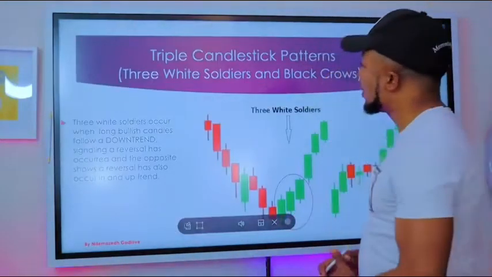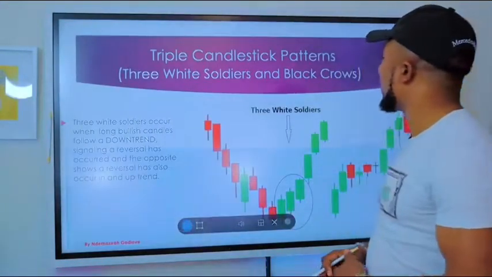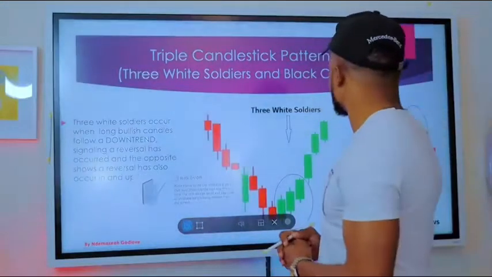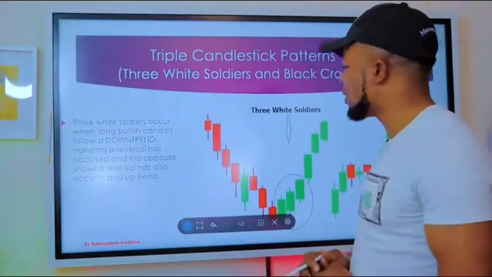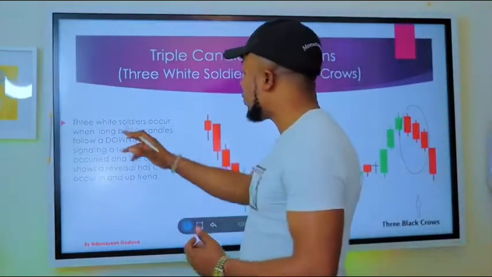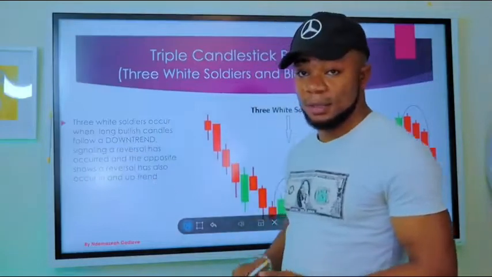Another triple candlestick pattern we have here is what we call three white soldiers or three black crows. All right. So what are three white soldiers? They say three white soldiers occur when long bullish candles follow a downtrend.